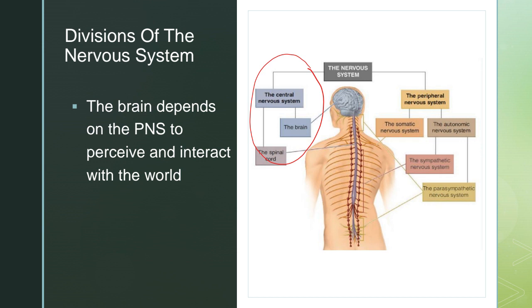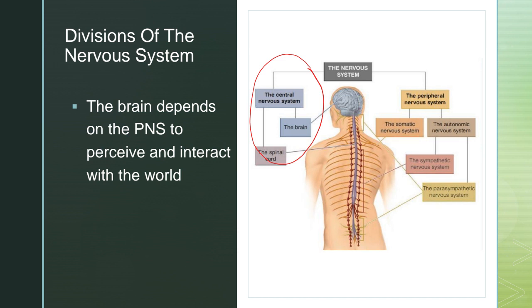But the brain doesn't function in isolation. So the brain depends on the peripheral nervous system in order to be able to take in sensory stimuli and then interact with the world. It's important to know a bit about these other parts of the nervous system. For all its power, the brain really does still depend on the peripheral nervous system for perception of the outside world and to be able to tell the body to carry out its commands.